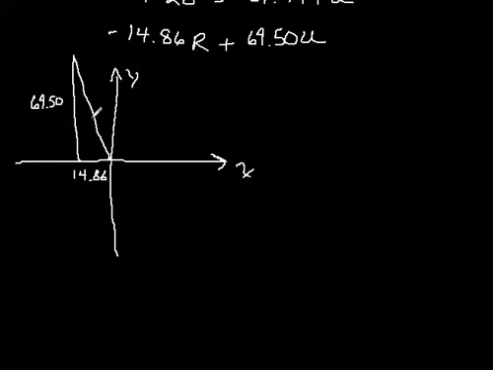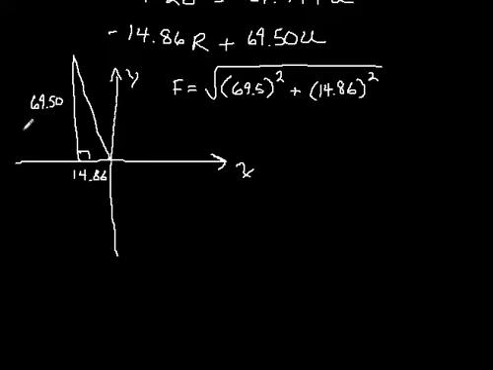Unfortunately, to get the hypotenuse, or our magnitude, or our force, we need to use the Pythagorean theorem to do that. So our force, this is our vector length, is going to be the square root of 69.5 squared plus 14.86 squared, because the Pythagorean theorem is this squared plus this squared equals the hypotenuse squared, and then we take the square root of it.